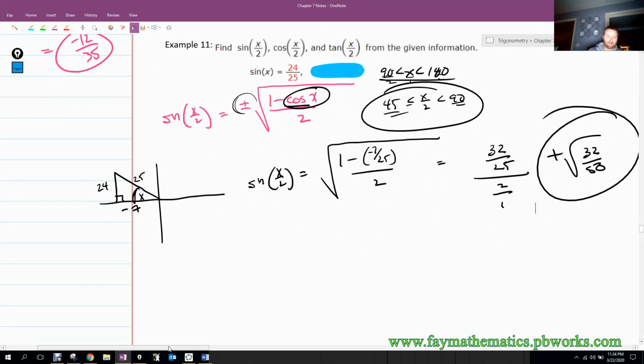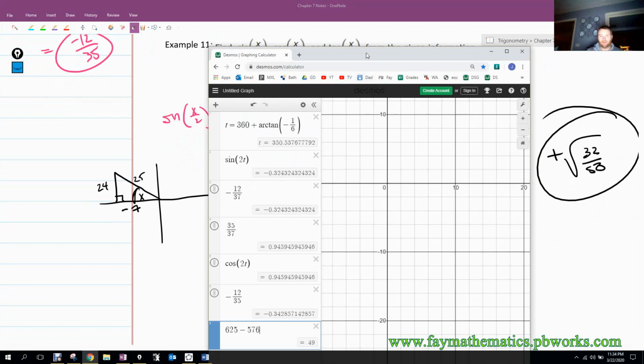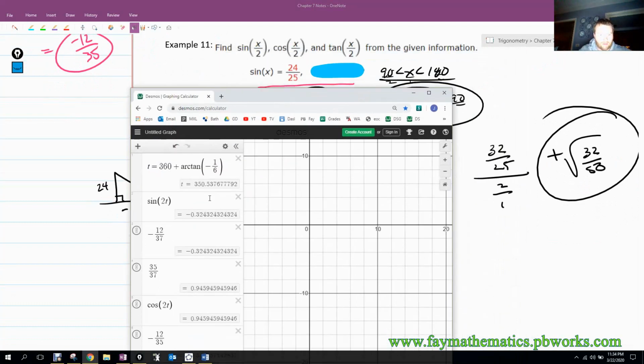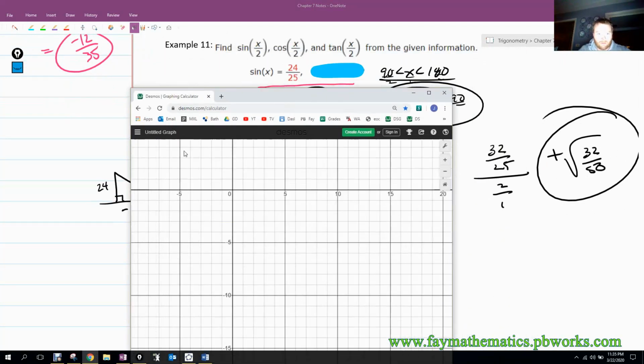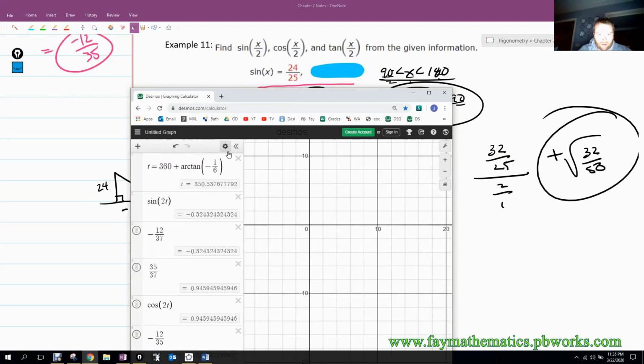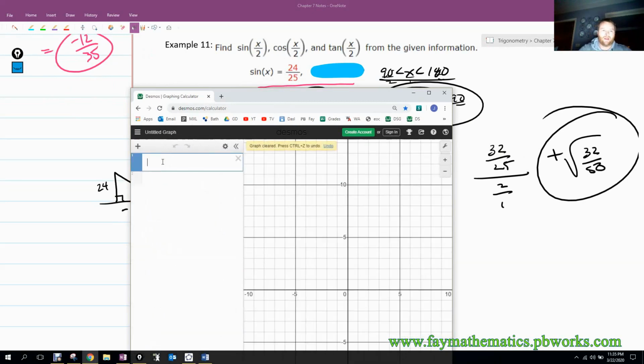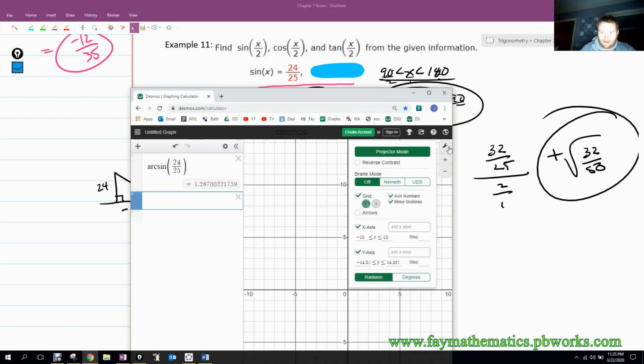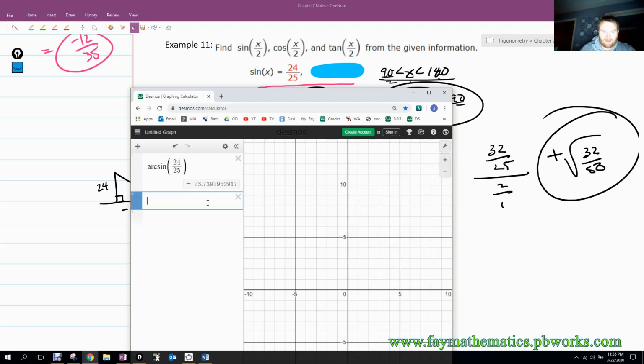Again, you can check that. So let's do it. The only thing is we don't know what our original theta was, but we do know that sine of x equals 24/25. So arc sine of 24/25 gives me that measurement there. Put it in degrees, so 73 degrees.